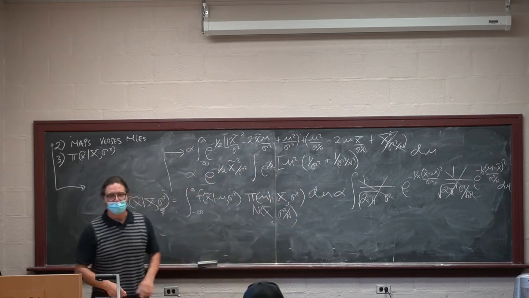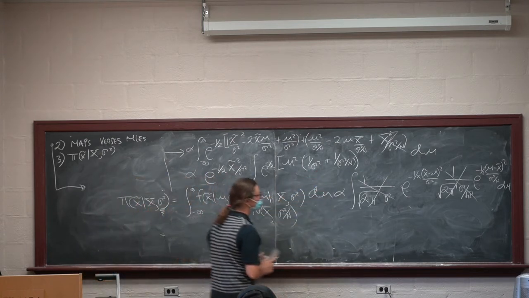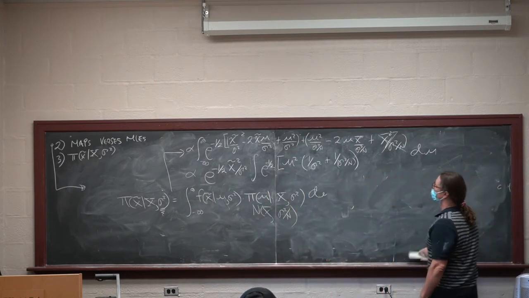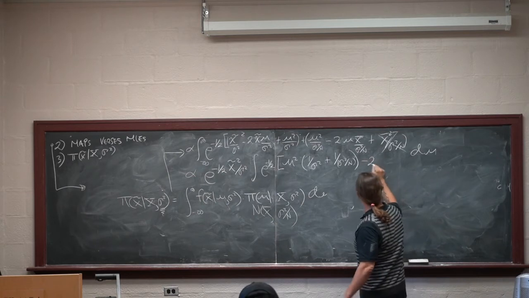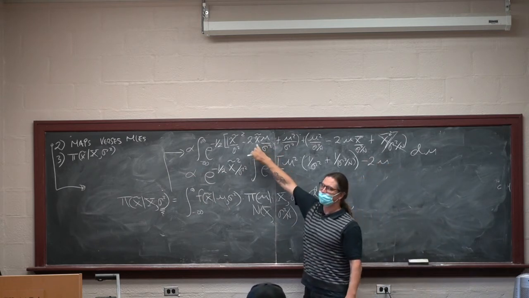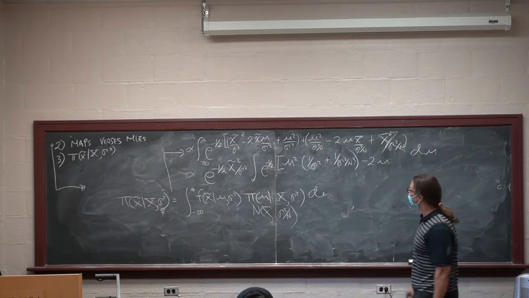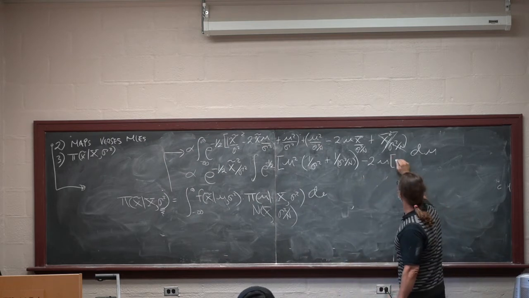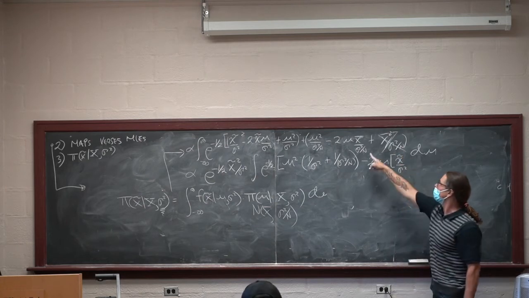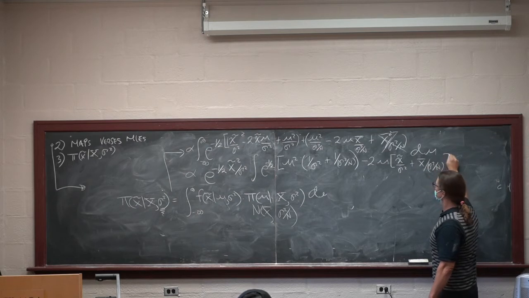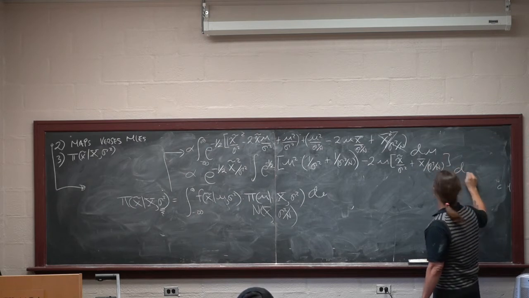In my class, you could write it. So minus 2 mu, interchange those, just swap the order of them. Minus 2 mu, this will look like x tilde over sigma squared, and I've got this term right over here, plus x bar over sigma squared over n, d mu.